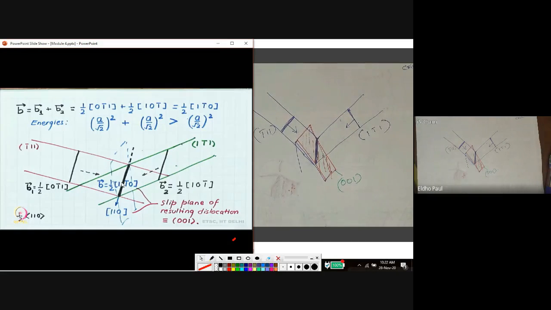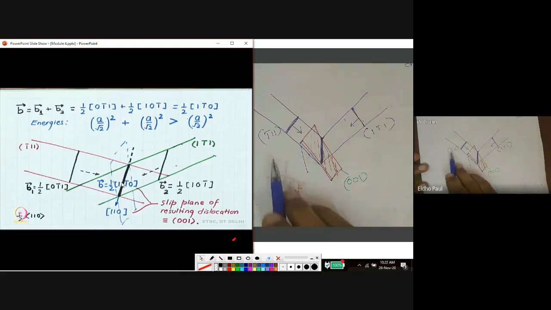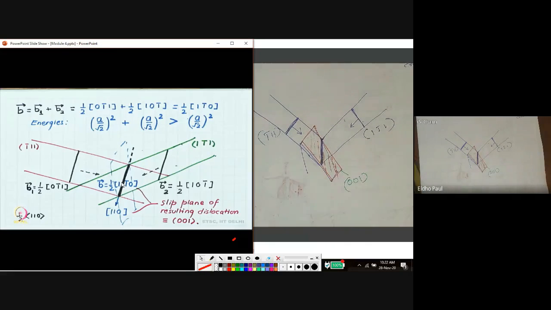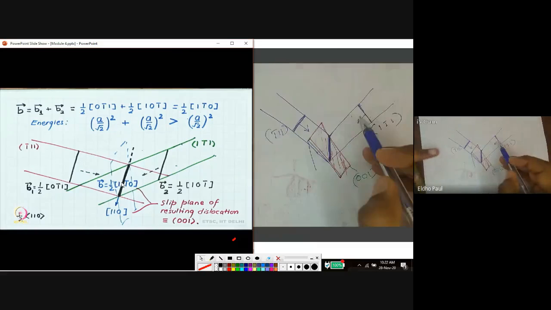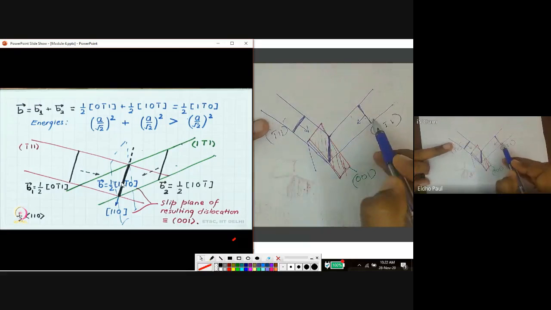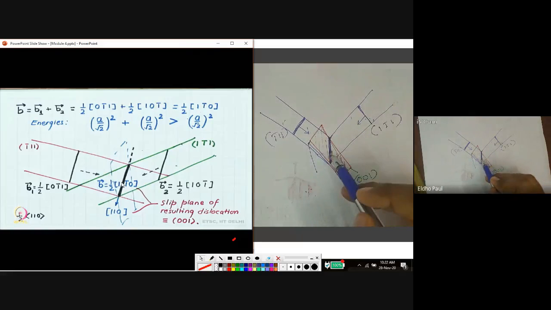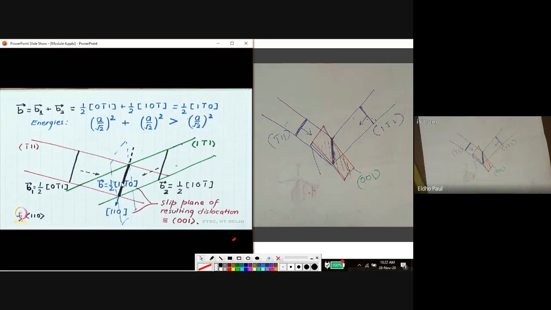These two planes, 1-11 and 1-1, are favorable slip planes for dislocation movement because the atoms are very closely packed in these two planes, so dislocation can easily move. But after joining, the final dislocation is on the 001 plane, which is not a favorable slip plane.